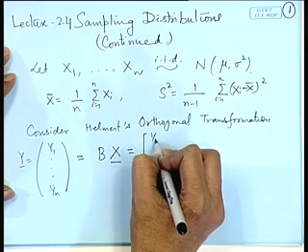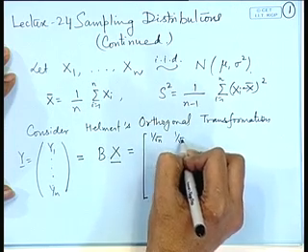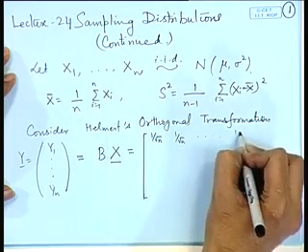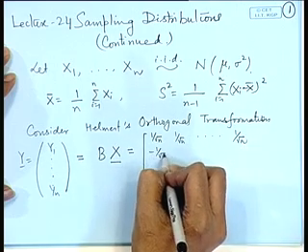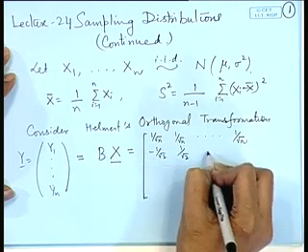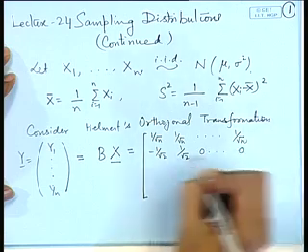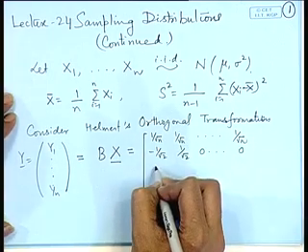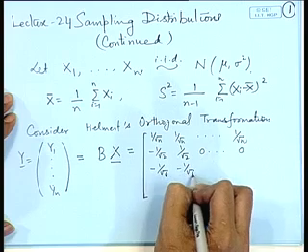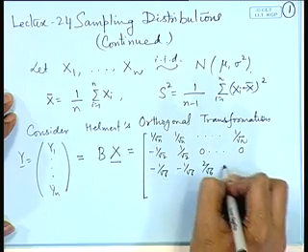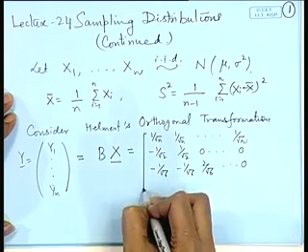The first row is 1 by root n, 1 by root n, and so on, 1 by root n. The second row is minus 1 by root 2 and 1 by root 2, and the remaining terms are 0. The third is minus 1 by root 6, minus 1 by root 6 and 2 by root 6, and the remaining terms are 0.